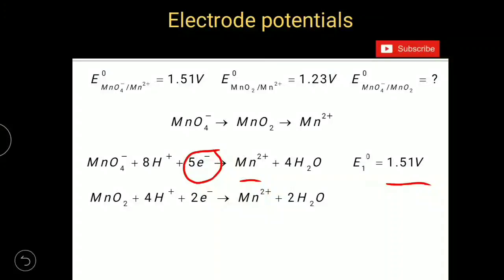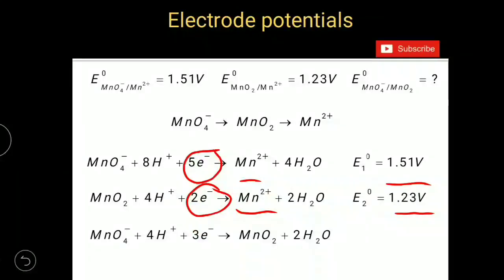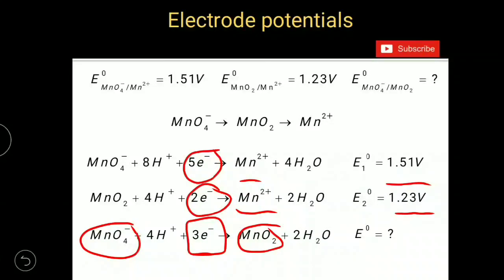And when MnO2 is reduced into Mn plus 2, 2 moles of electrons are involved, and its E naught value given is 1.23 volts. And when permanganate is reduced into MnO2, then 3 moles of electrons are involved in it, and we need to find out the E naught value of this change.